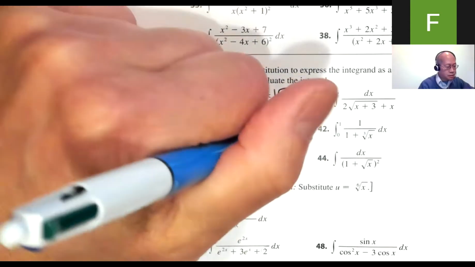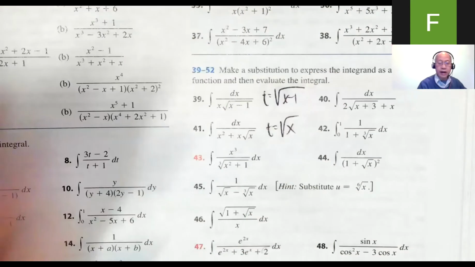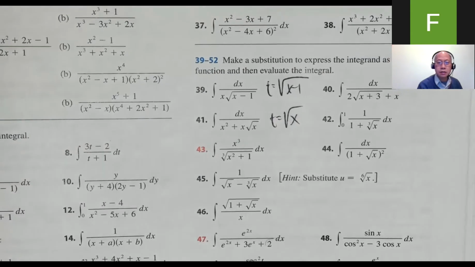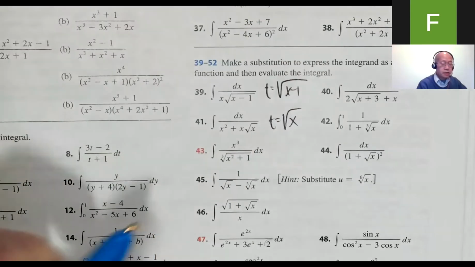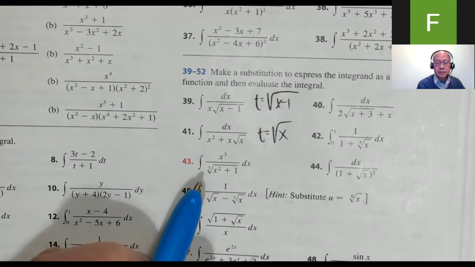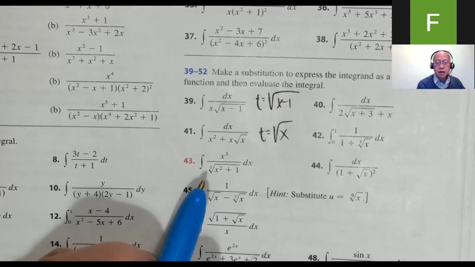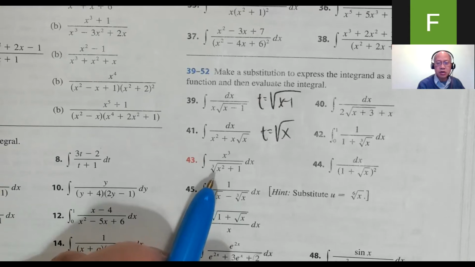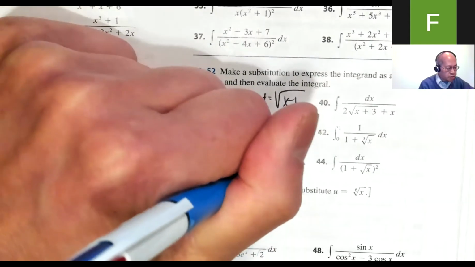This one, t equals radical x. This one's a little tricky because there's a cube root there. So because of the cube root, I'm going to say t cubed equals x squared plus 1.